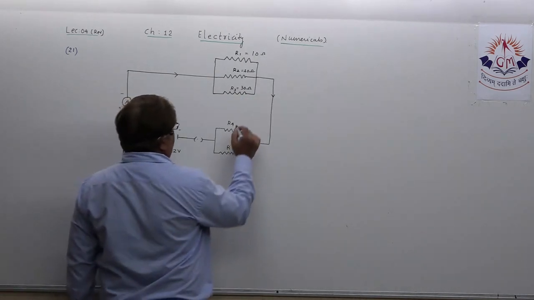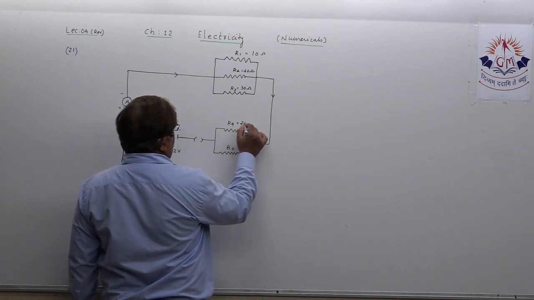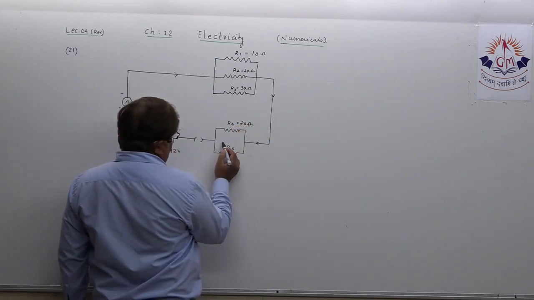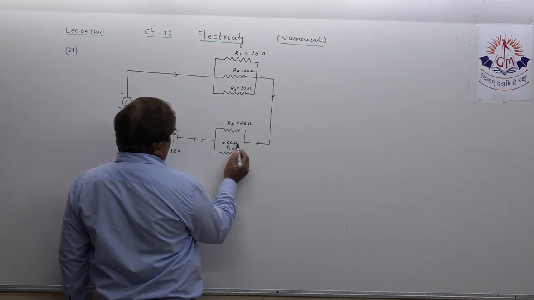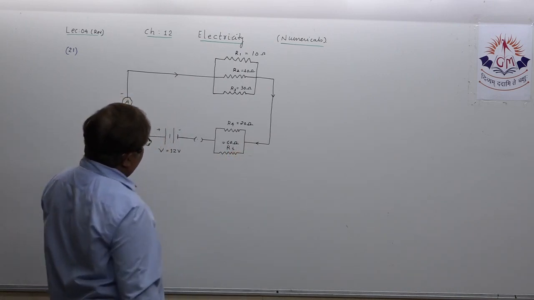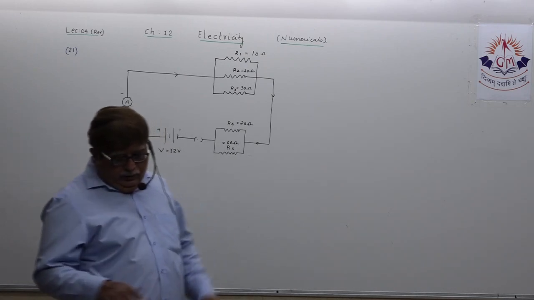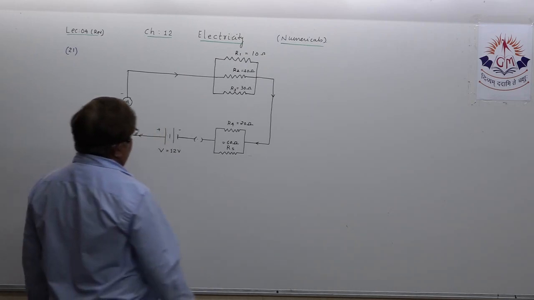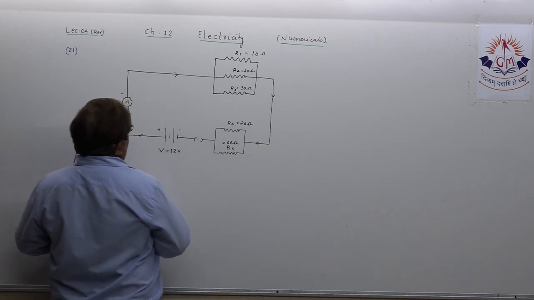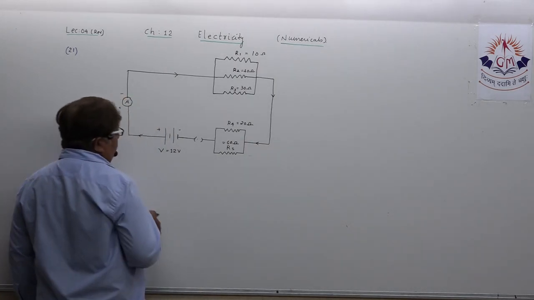R4 20 ohm and R5 60 ohm. Understand? So this is the way they have shown the circuit. Understood? Right?